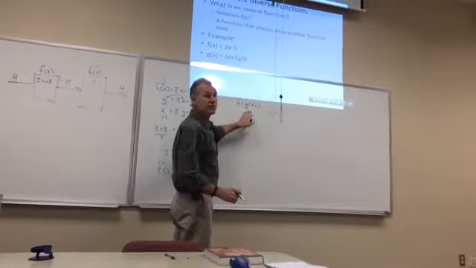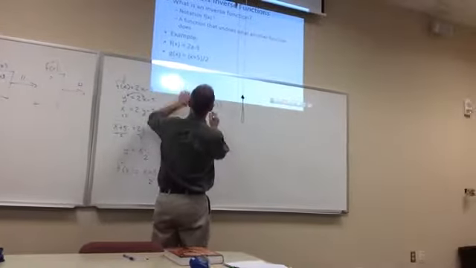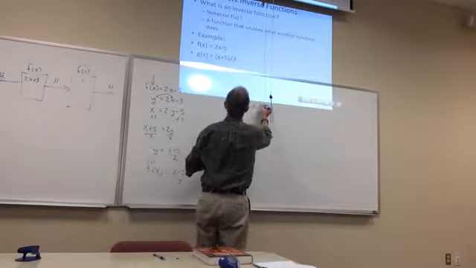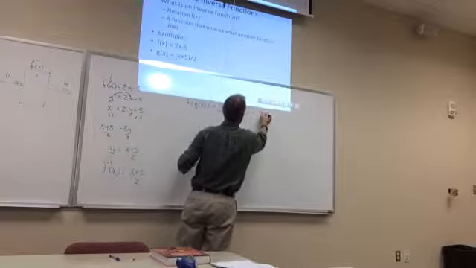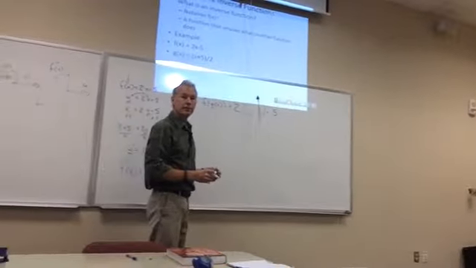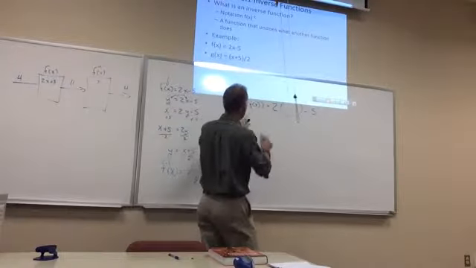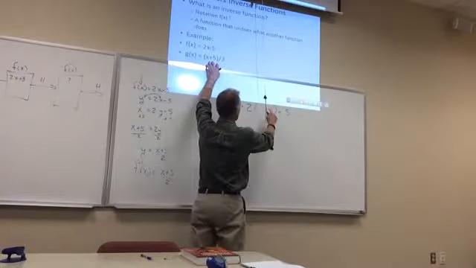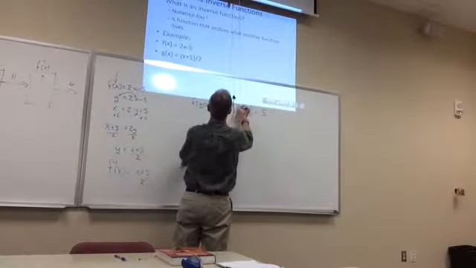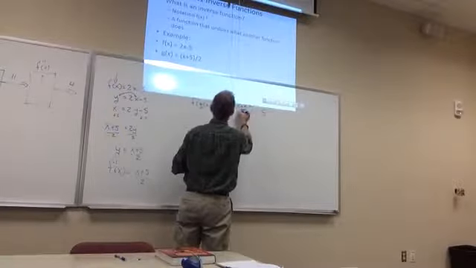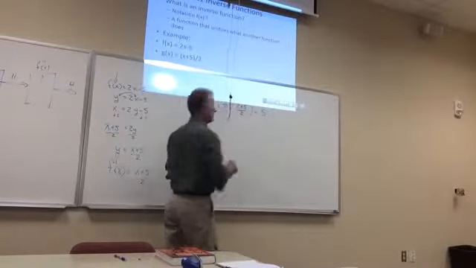So here's how we do this. First I'm going to write out my function f, which is 2x minus 5. All right with that? And now I'm going to plug the g of x, which is this, right into there. So I'm going to put my (x plus 5) over 2 like that.